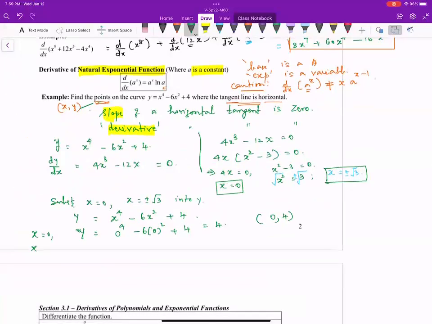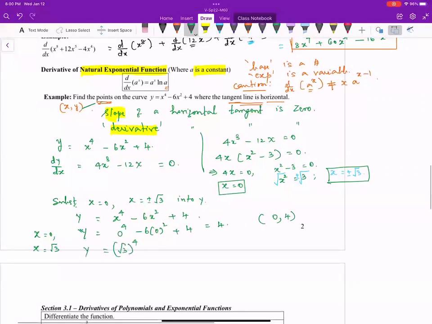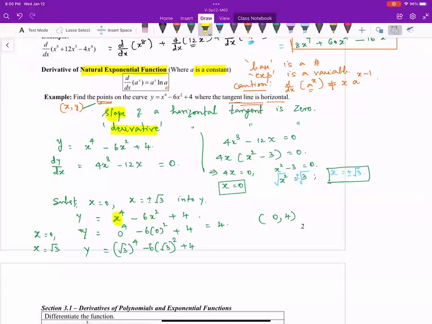So let's plug in x equal to root of 3. Both for x equal to root of 3 and negative root of 3, we are going to get the same y because the given equation is an even degree polynomial. So it has to be the same. So y equal to root 3 to the power 4 minus 6 times root 3 squared plus 4. We are plugging this value into x, correct?